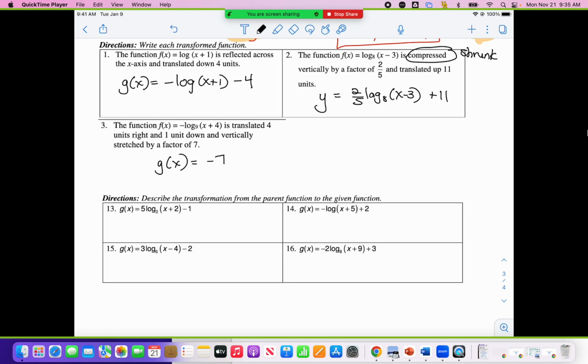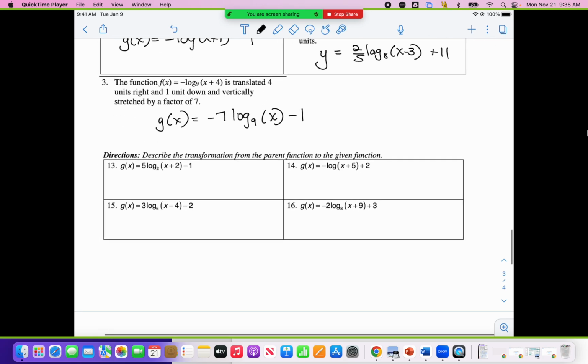Negative 7 log base 9 of (x minus 1). You got it. What happened is you had x plus 4, but when you moved it right 4, that's subtracting. So then that does land with x.